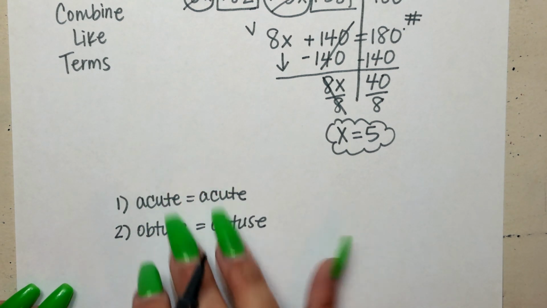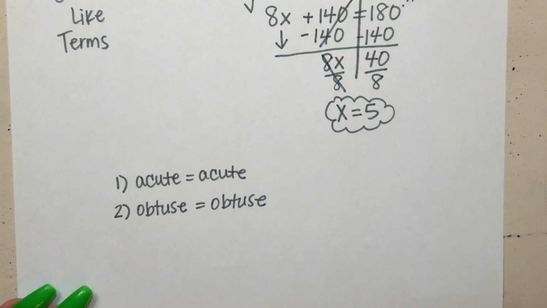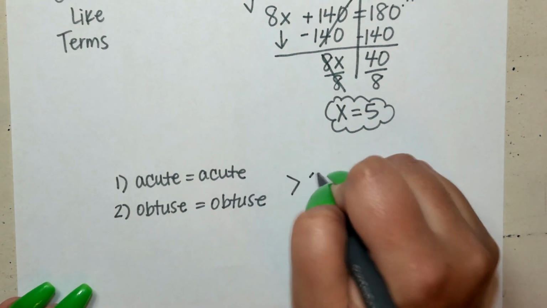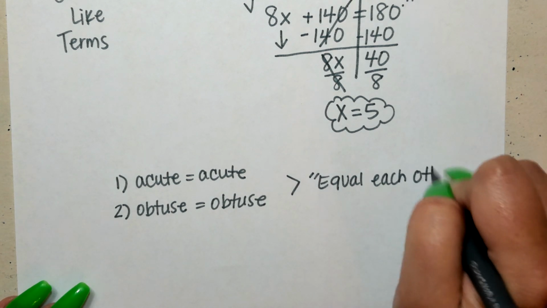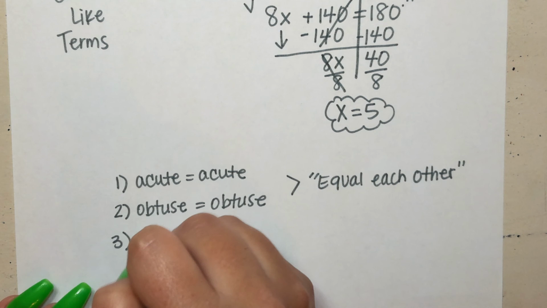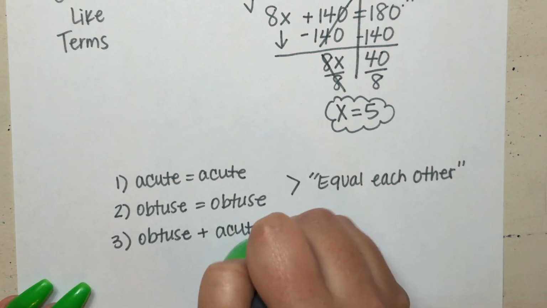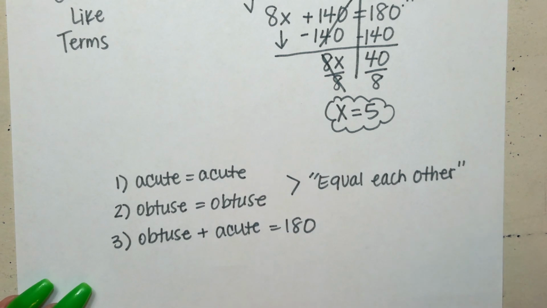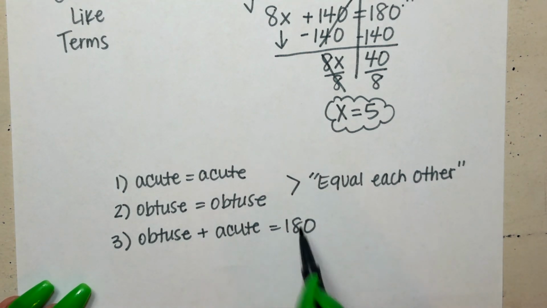So these two are very similar. So they can either equal each other, or obtuse plus acute equals 180. So they can either equal each other or they can add up to 180.